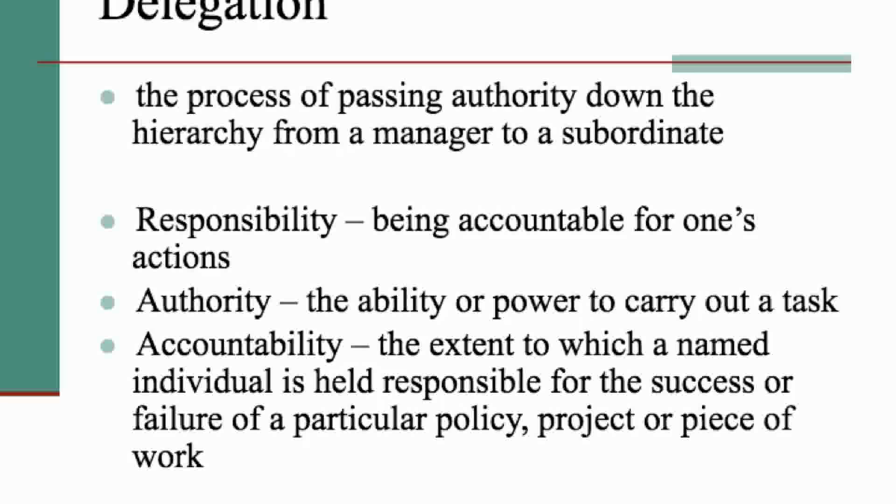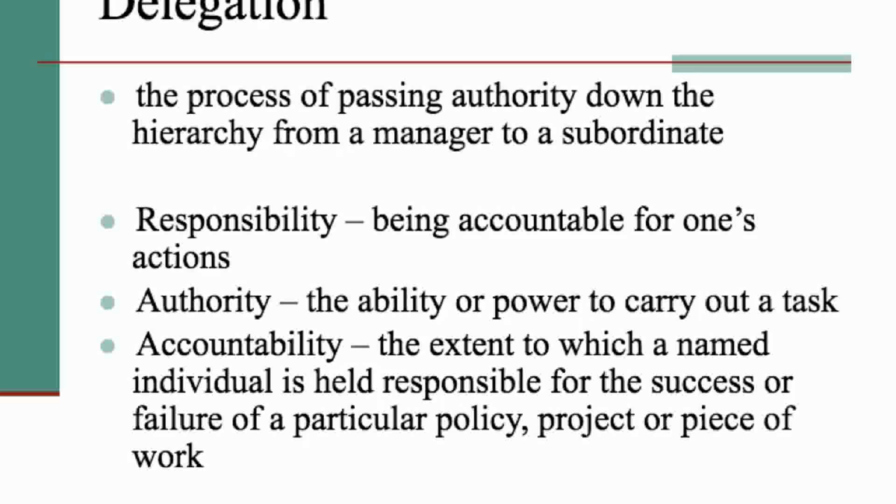So to be responsible then is to be accountable for one's actions. So even if a manager gives away the authority to the subordinate, to the employee has to be responsible enough, and the management has to be confident the employee is going to be responsible in order to do it. So we give the person the authority, the power to carry out the task.